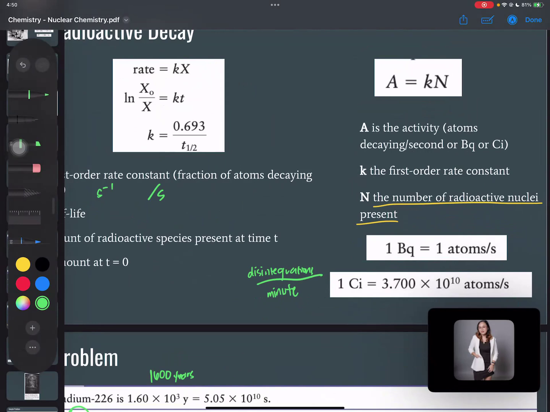The activity A is expressed in number of atoms decaying per second, or in becquerel, which is equal to 1 atom per second, or in curie, which is equal to 3.7 times 10 to the power of 10 atoms per second.